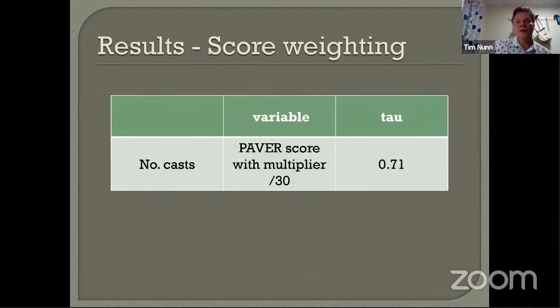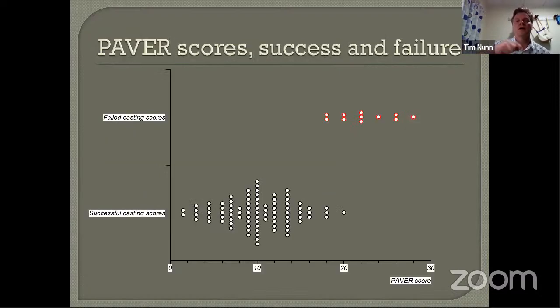So looking at our results, we found that there was a significant association between the PAVA score and the number of casts needed to correct the midfoot. So here you have the PAVA score along the x-axis, and those that successfully corrected and those that failed casting on the y-axis.